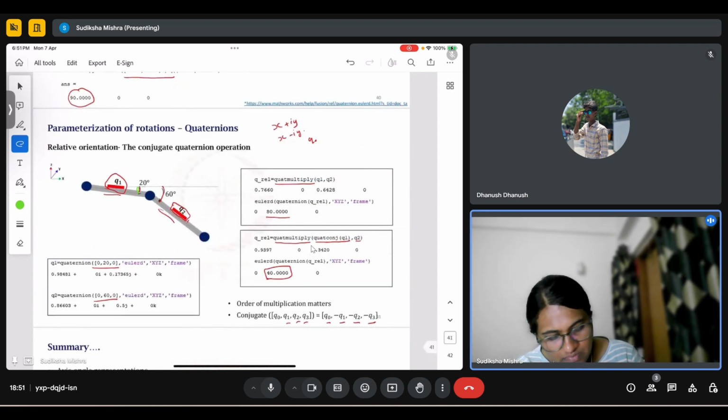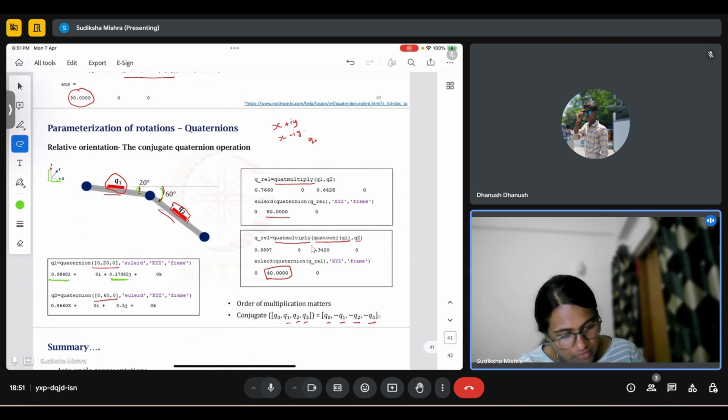If the angles are 20 degrees and 60 degrees, since everything is in the xz plane, you have the x component and the j component, but you don't have the i or k components, the other two imaginary components.